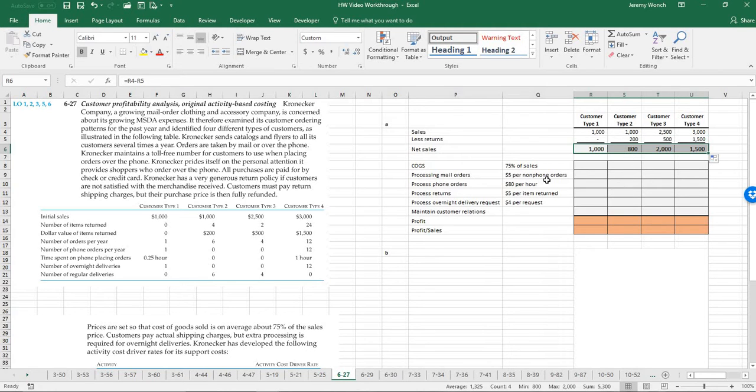So the cost of goods sold is 75% of sales, so let's do 75% times our net sales. Then, processing mail orders. It's $5 per non-phone order.